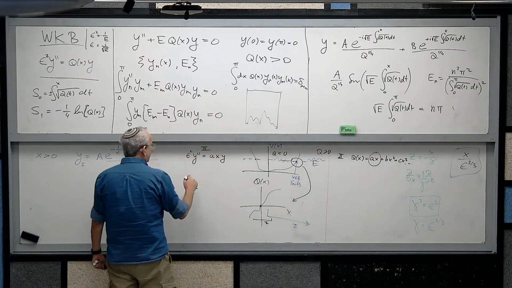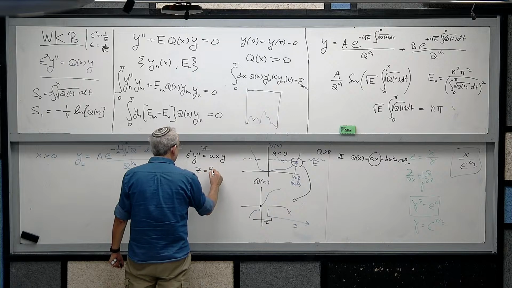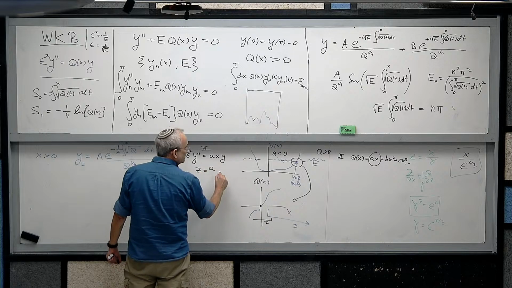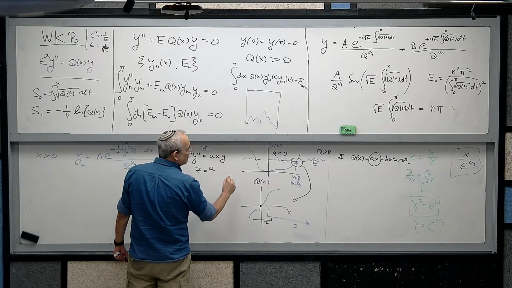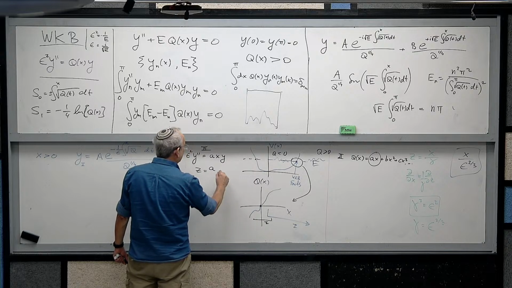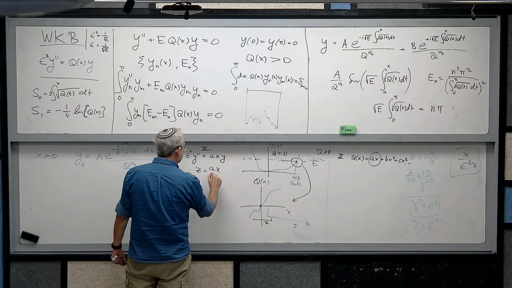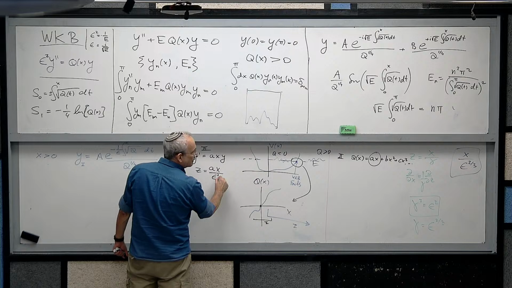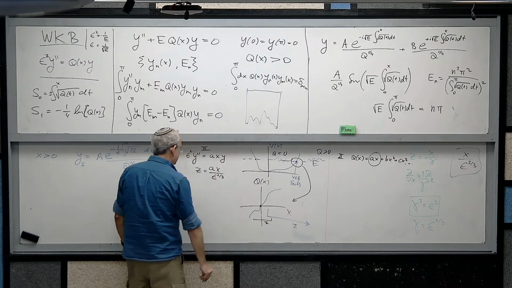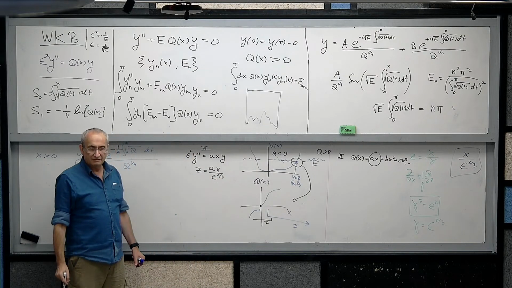So now I can define z as a times x divided by epsilon to the 2/3.